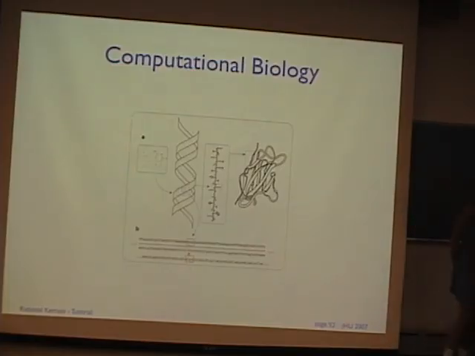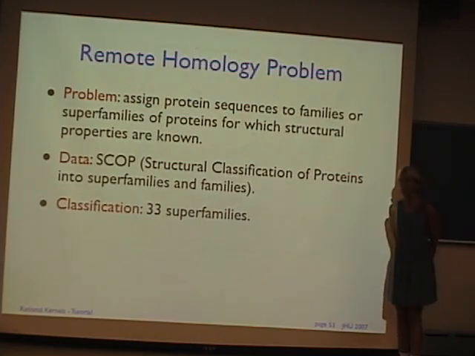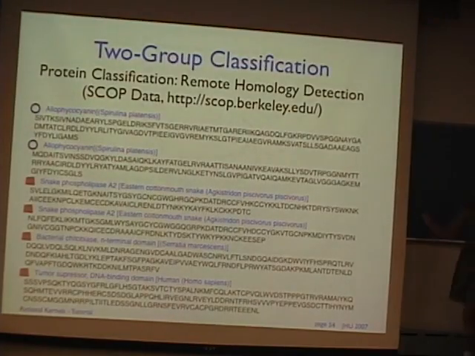Okay. So here we have one of the problems that have been looked at a lot in computational biology. There's a data set that's called SCOP, and the task is to categorize protein sequences into families and superfamilies. There are 33 superfamilies, and to give you an example of what the data looks like, we have our strings.